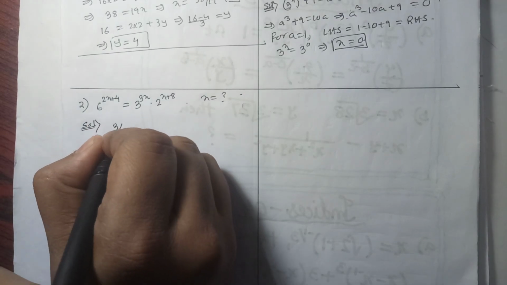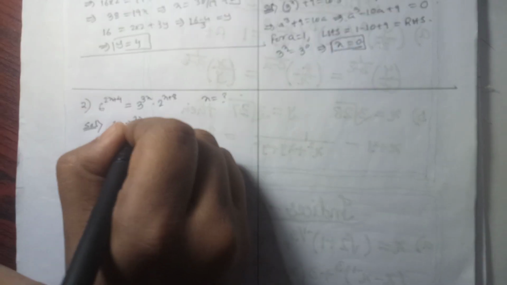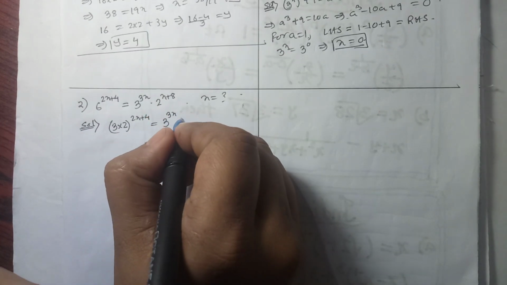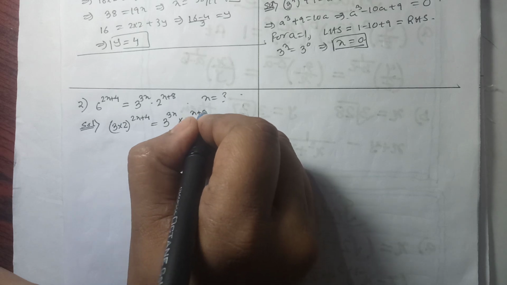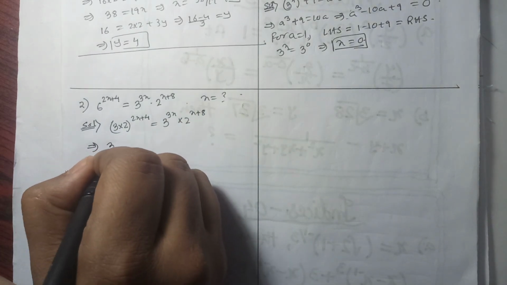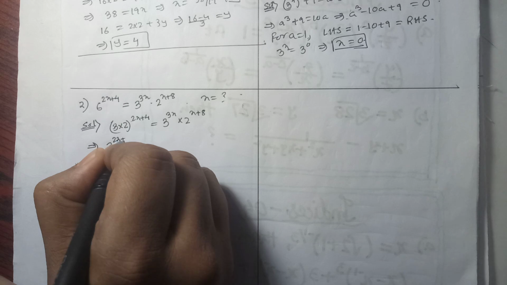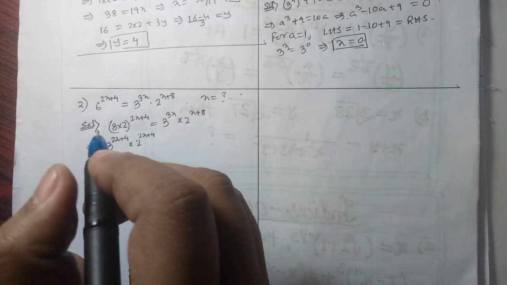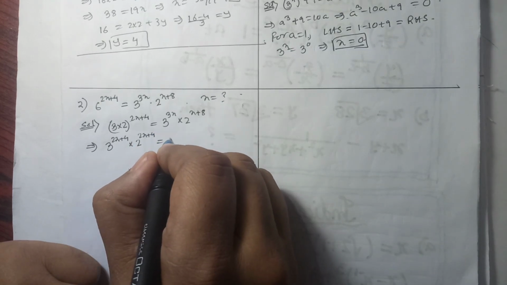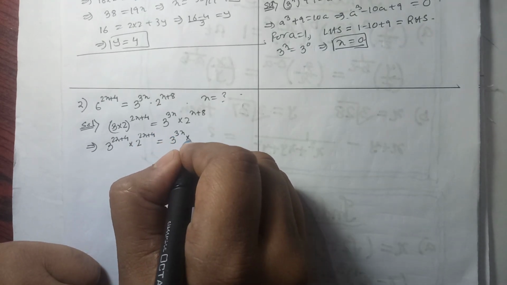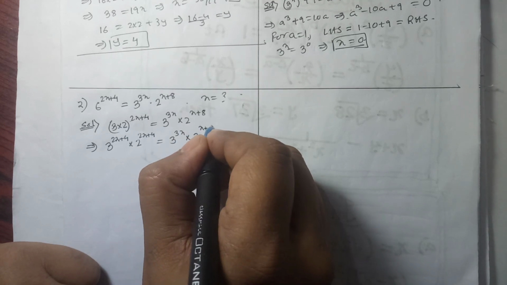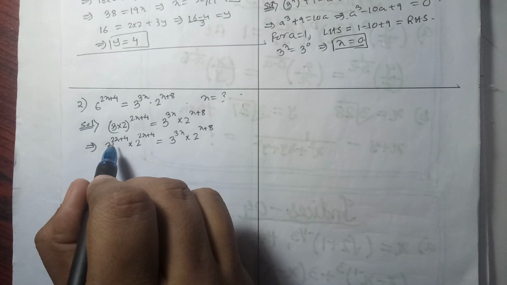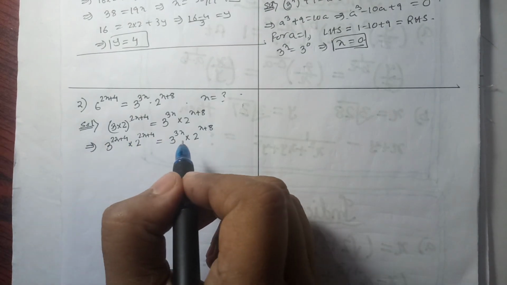This is 3 into 2 to the power 2x plus 4. So this is 3 to the power of 2x plus 4 into 2 to the power of 2x plus 4 is equal to 3 to the power of 3x plus 8, right? So we can compare both sides.